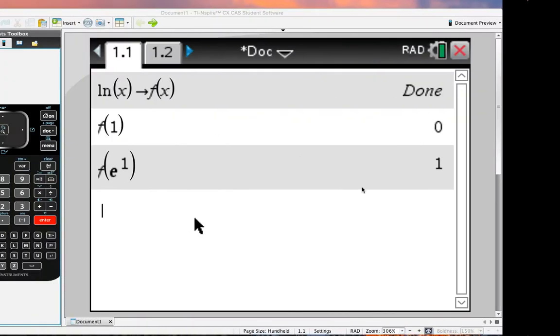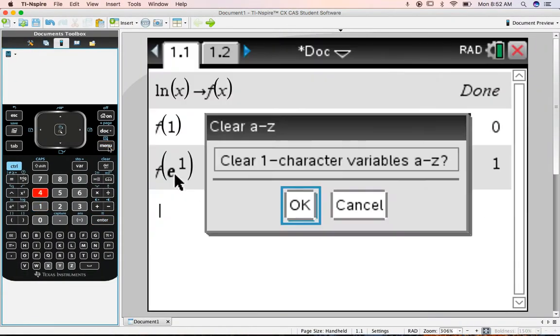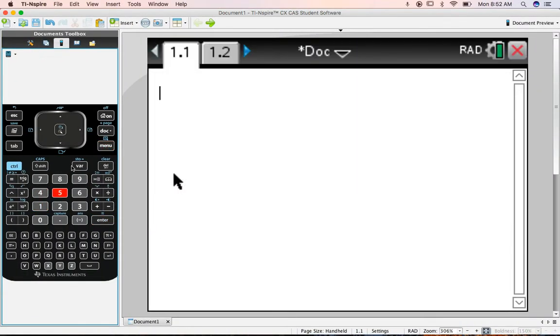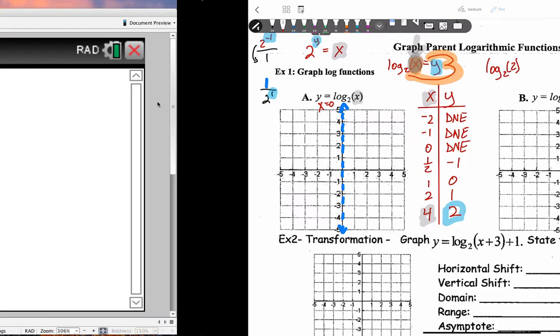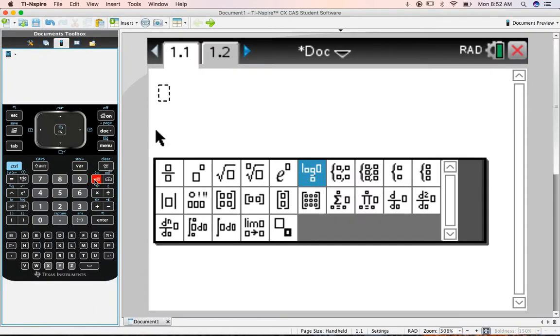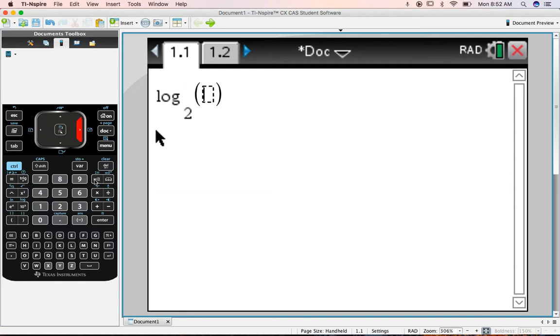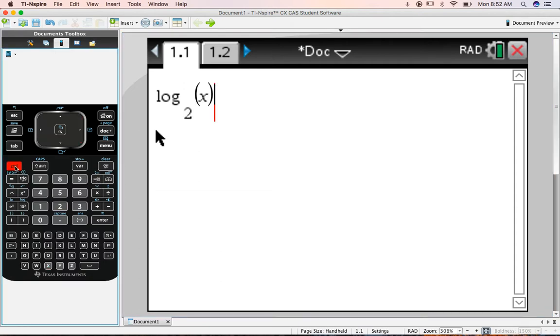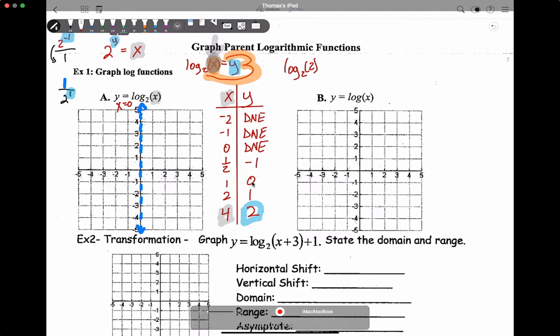Now, if I did have a calculator, I could go quickly to, let me go ahead and show you. I could store this log base 2 of x function. So come here, grab the log base 2 of x, and we would store it as f of x. And now I can get these values by putting in 1/2, 1, 2, and 4.